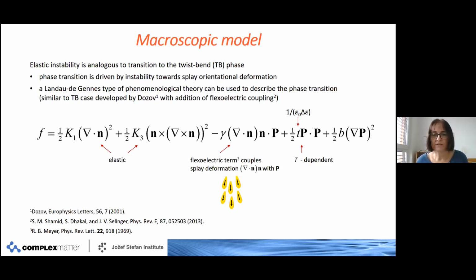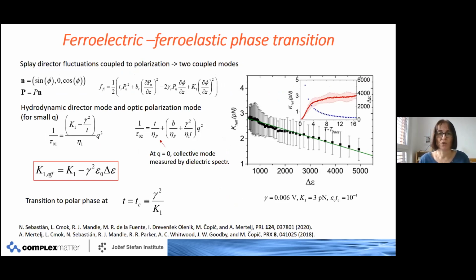Because of the coupling term, instead of having separate director mode and polarization mode, the two modes are coupled. So we have two coupled modes. One is a hydrodynamic director mode, and the other is an optic-like polarization mode.